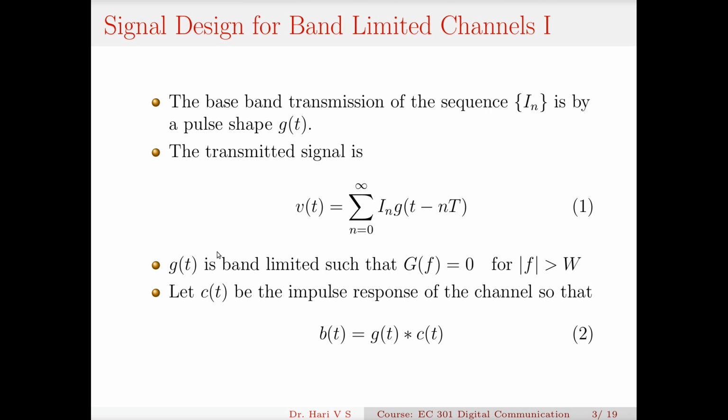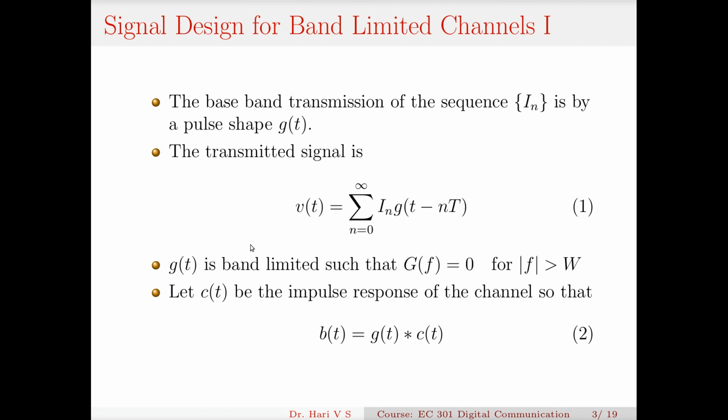It should be noted that g(t) is band limited such that its spectrum is outside the band |f| greater than W. G(f) is 0 means the spectrum of this signal is 0 outside a certain band W. And now this v(t) is given to the channel. This channel may have some impulse response.